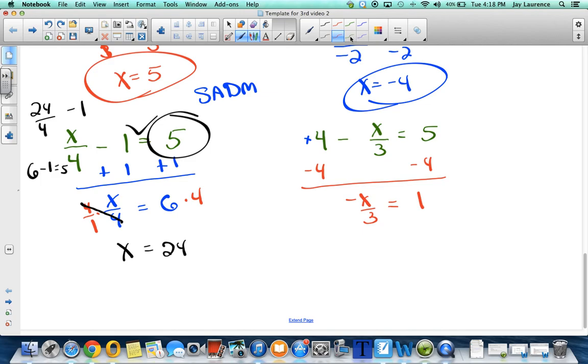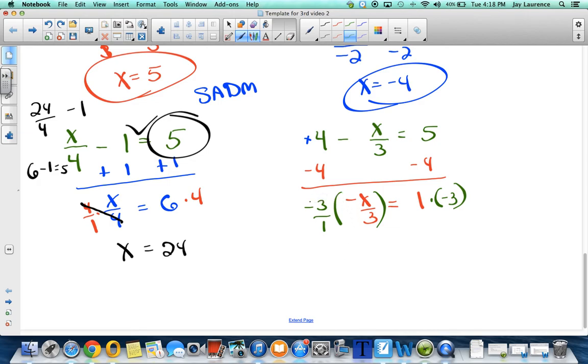Now, to get rid of this division, I'm actually going to multiply by a negative 3 over 1, times a negative 3 on that side, just so I don't create an extra step. If I multiply by a positive 3, the negative will still be there, and I'll have to do one more step. I'll have to multiply by a negative 1 or divide by a negative 1.